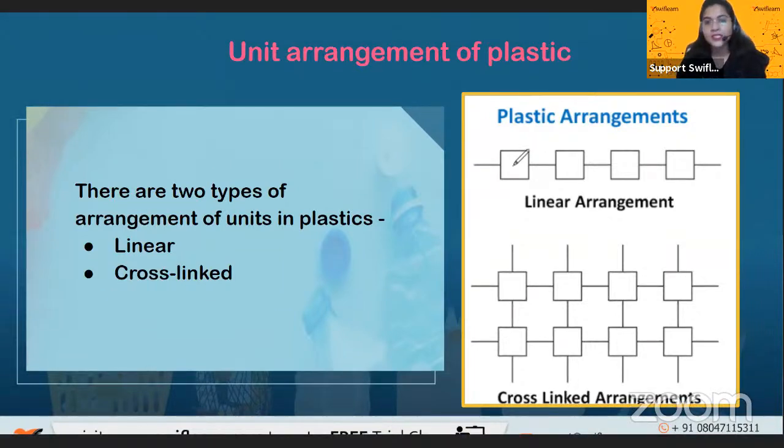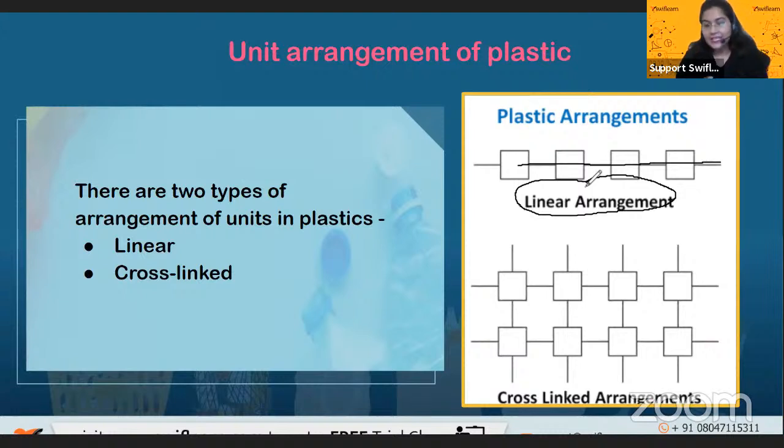Each of the boxes can be said as the monomer, and the whole thing will be a polymer, जैसे हम fabrics में पढ़े थे. So when each of the units is arranged side by side to form a long single chain, this type of arrangement is known as linear arrangement. Okay, this is the linear arrangement of the plastic.